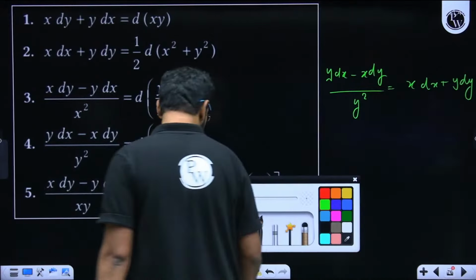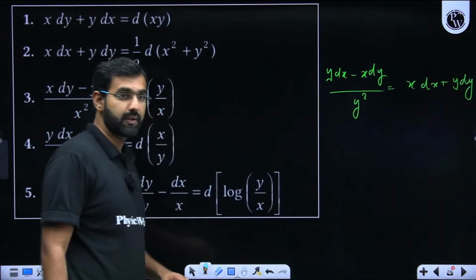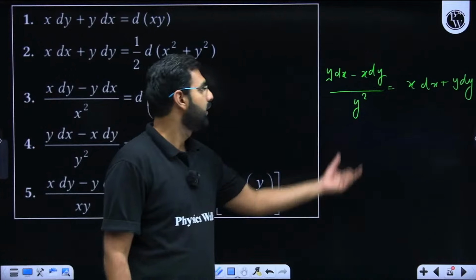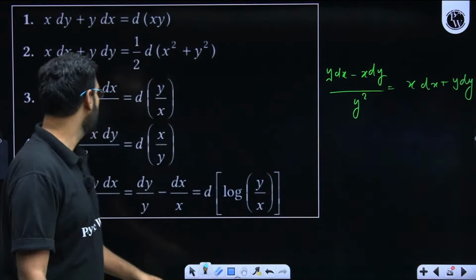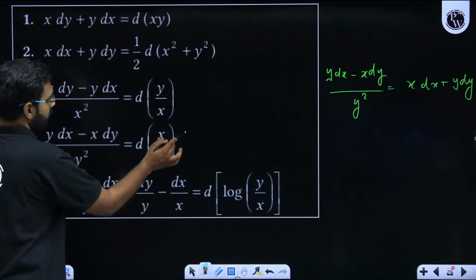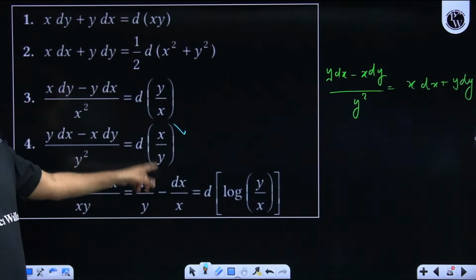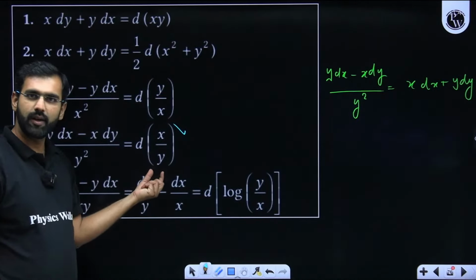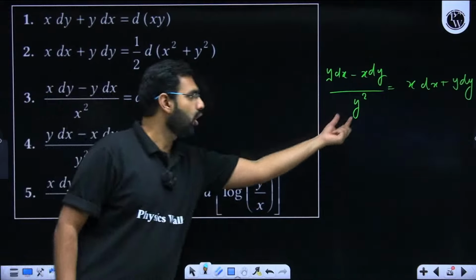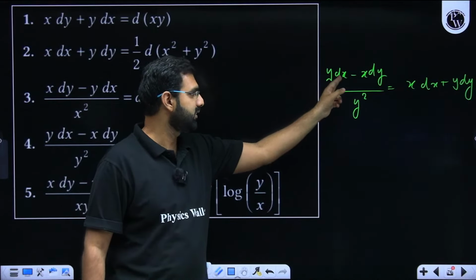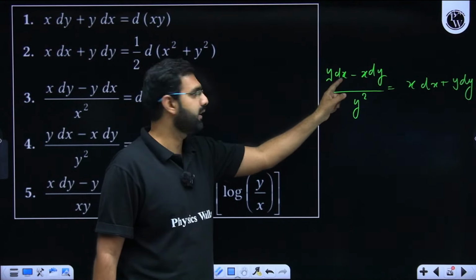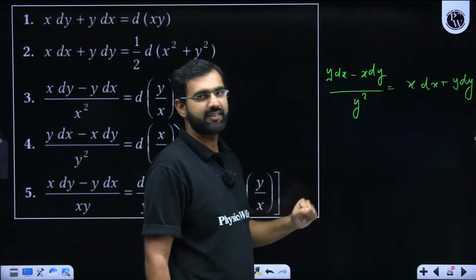So if you remember these results, if you could remember the logic even, then y dx minus x dy upon y square you can always substitute by d of x by y. Derivative of numerator upon denominator: denominator squared, denominator times derivative of numerator minus numerator times derivative of denominator.